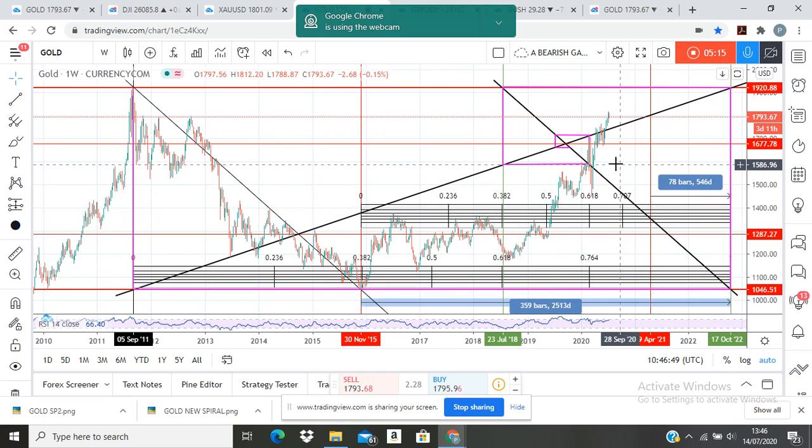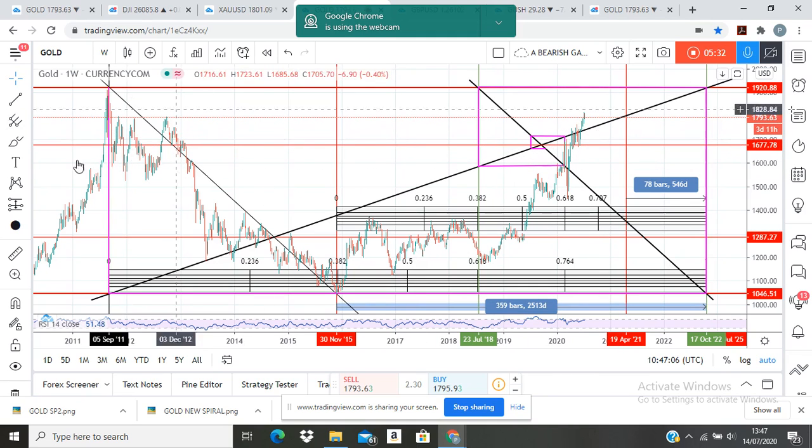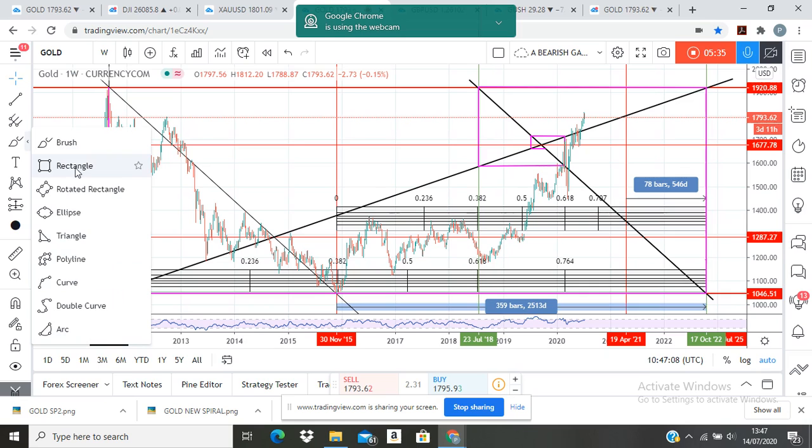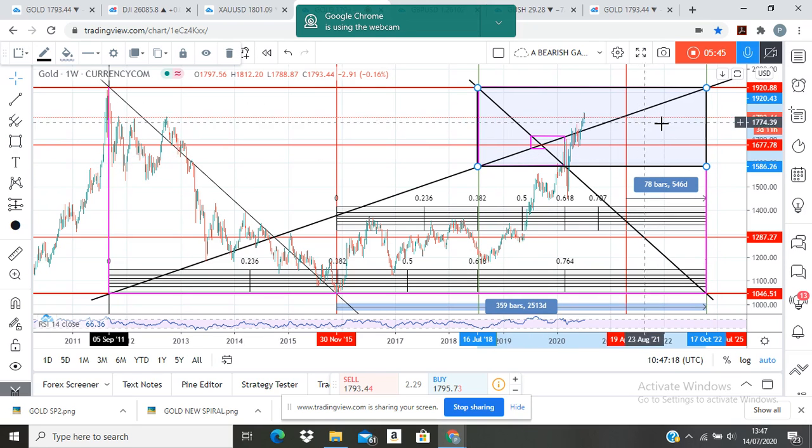Also, we know that in any spiral, any side of the spiral has similar characteristics as the whole. What I mean is this small side of the spiral, let me just put a square there to illustrate. Okay, so this small side has similar characteristics to the bigger whole.